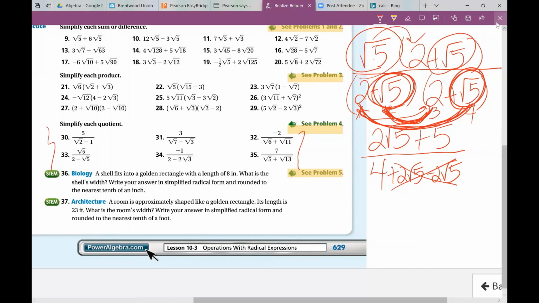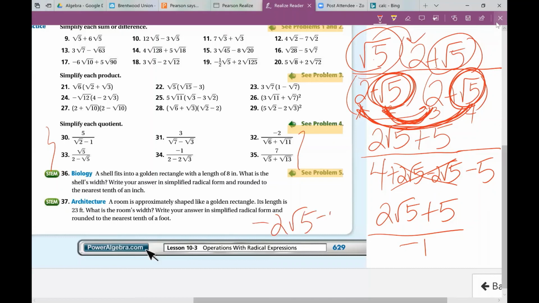So a negative radical 5 times a positive radical 5 would be negative 5. So to clean this up, my final answer would be 2 radical 5 plus 5 in the numerator, and then 4 minus 5 in the denominator would just equal negative 1. A much nicer way to write that would be negative 2 radical 5 minus 5, and that's it. But I'm okay with you leaving it as a fraction because this problem was pretty difficult to begin with.